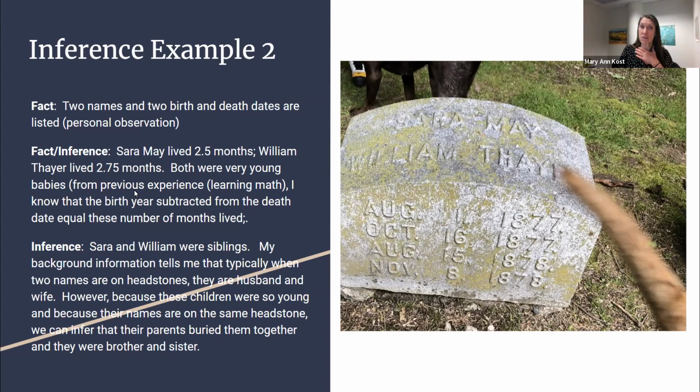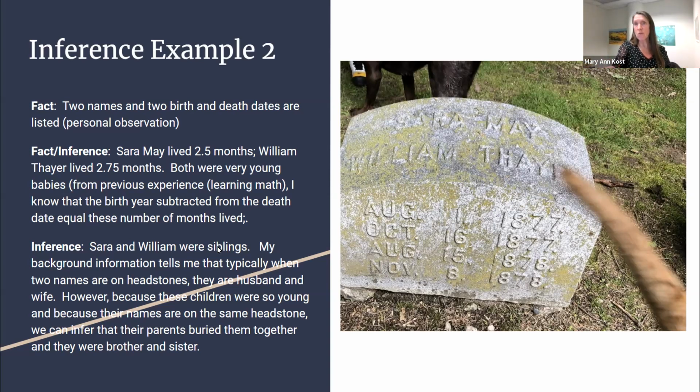And from previous experience, by learning math, I know that the birth date subtracted from the death date equals these numbers of months lived. And then the inference is that Sarah and William are siblings, because usually tradition has a husband and wife or partners buried next to one another, but perhaps in single graves, or their names are on a single headstone.